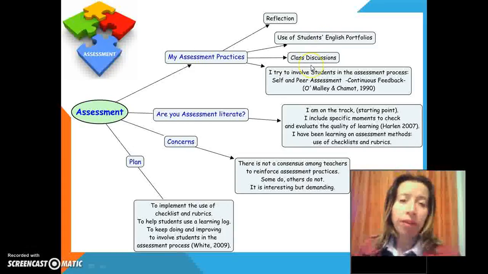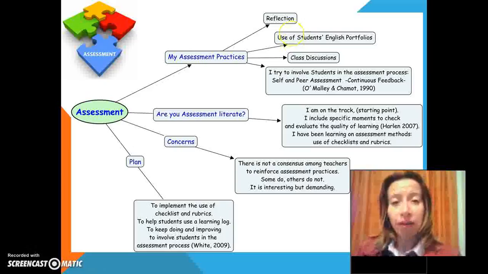The second place, let's talk about my assessment practices related to my teaching. Well, I would like to mention that I have been using students' English portfolios. I started some years ago.